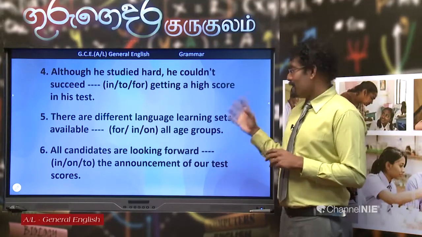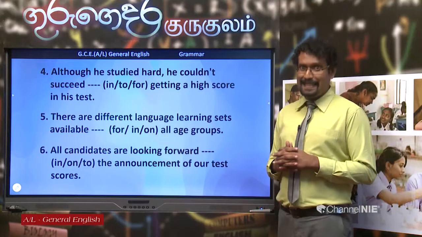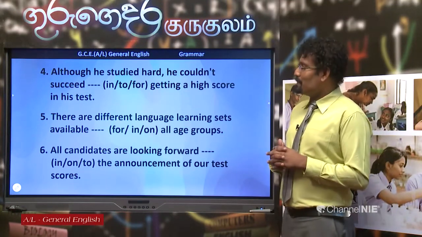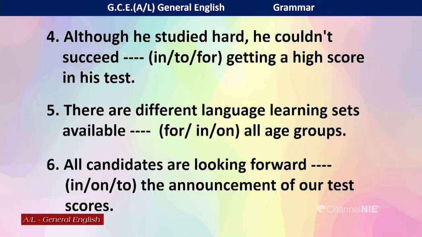Now you have another 3 sentences as an activity. Although he studied hard, he couldn't succeed blank. Within brackets you have in, to and for, getting a high score in his test.